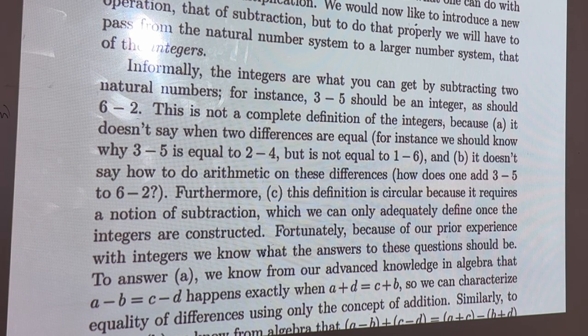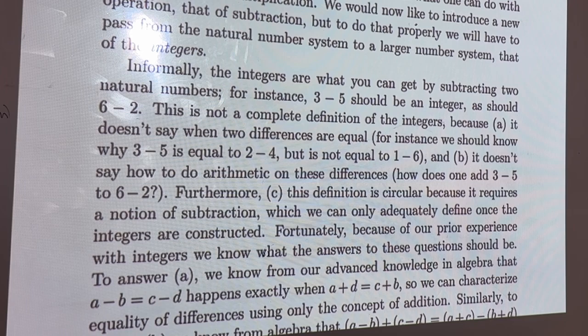Background comes from our knowledge. To answer A, we know from our knowledge in algebra that a minus b equals c minus d happens exactly when a plus d is equal to c plus b. Thinking that way is a very sharp thing somehow, because I myself was wondering how on earth he is going to define integers.